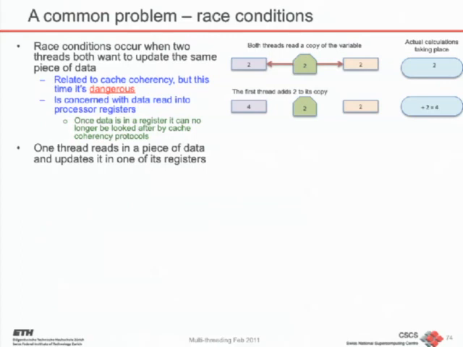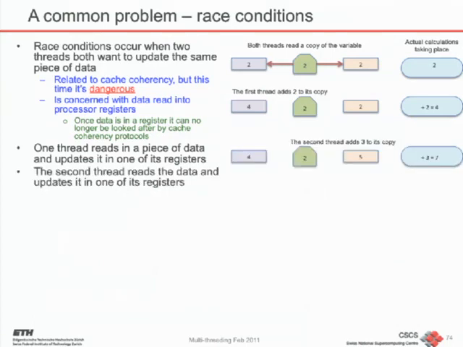Now, one thread reads in that data and adds 2 to its copy. They've both got a copy of this data from memory. They've added 2. This takes place in the registers, so it's not taking place in the memory. It's now private. It's gone into a separate little room to do its calculations. The second thread has got into another little room and it's added 3 to its 2 to get 5.